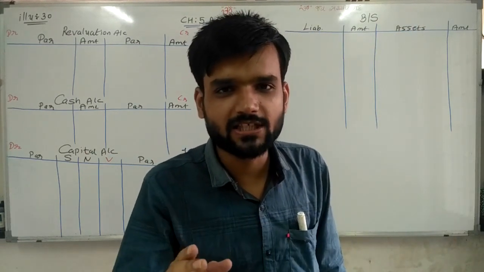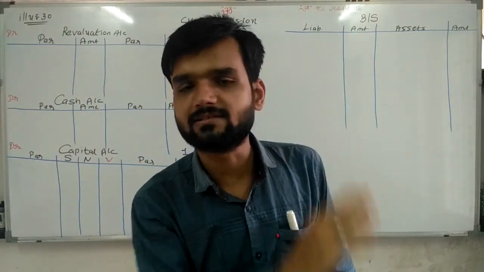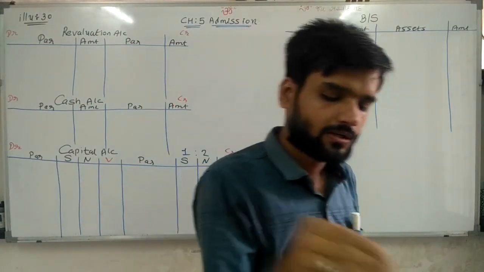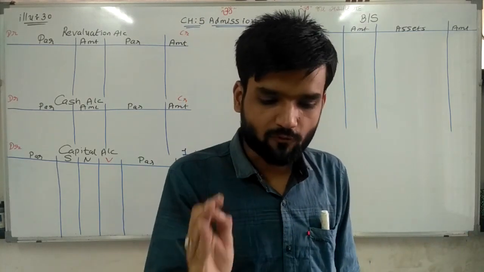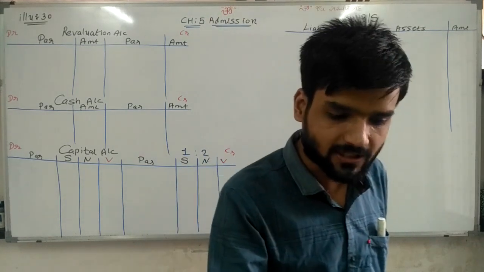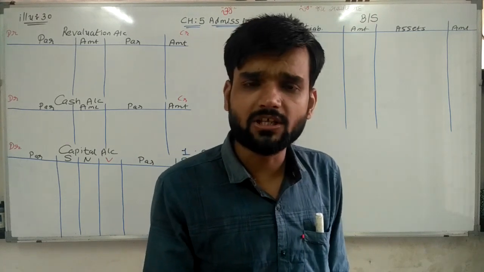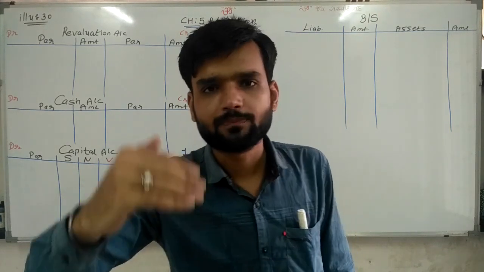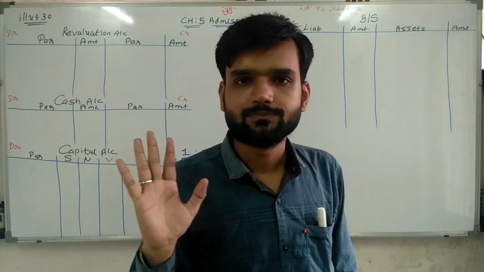Generally, bad debt reserve is given as debtors minus bad debt reserve on the asset side, but here it is given on the liability side. So first of all, you have two methods to calculate. You can write it on the liability side, and if you don't want to write it on the liability side, then you can deduct it from debtors, which is our simple method.